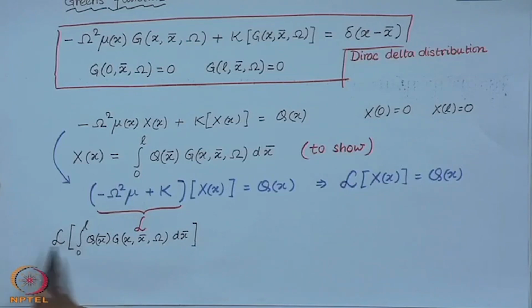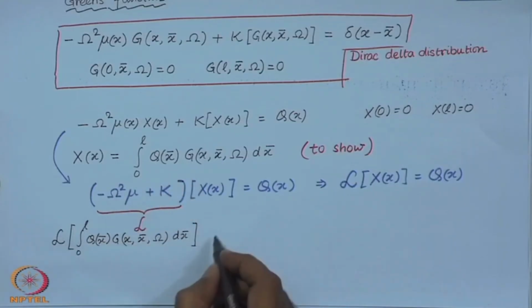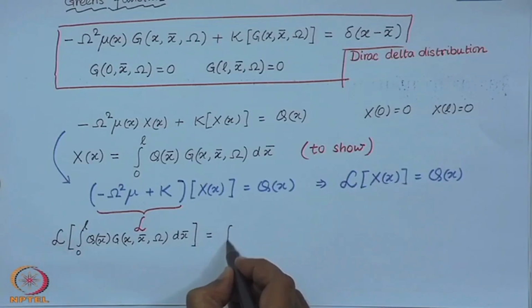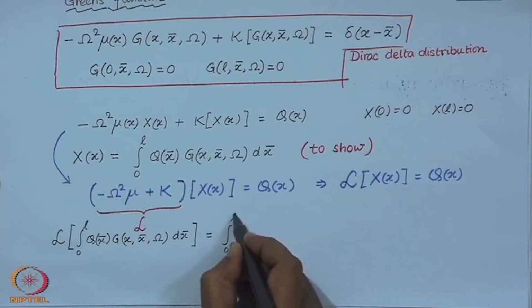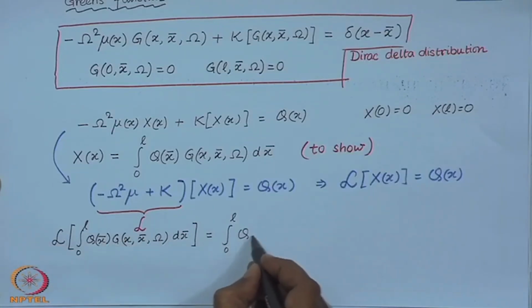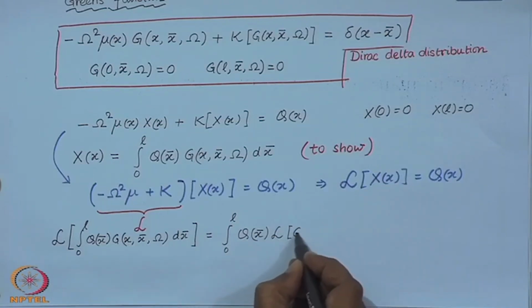So, I assume that this can commute with this integral, because this integral is over x bar, and L is an operator on x. So, here I can interchange the integral and the operator, and since L acts on functions of x, it will act only on G.